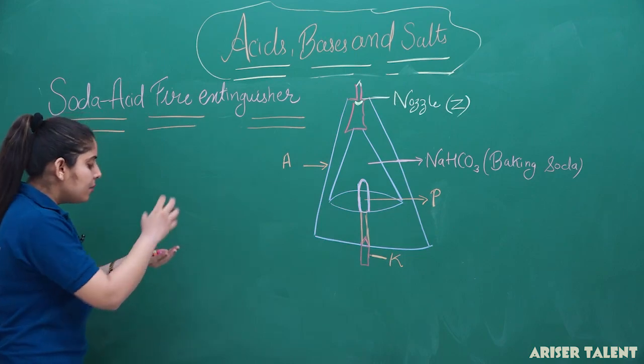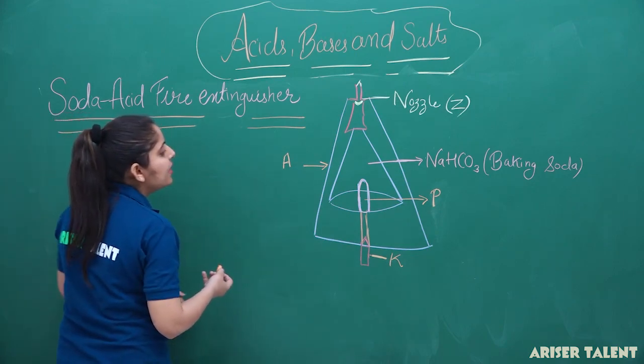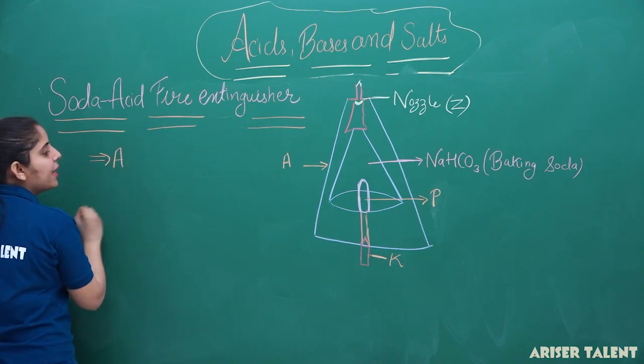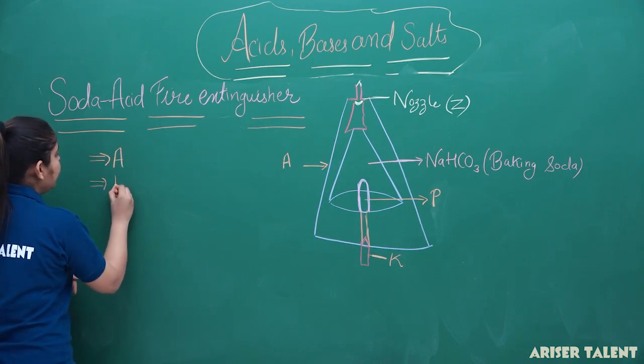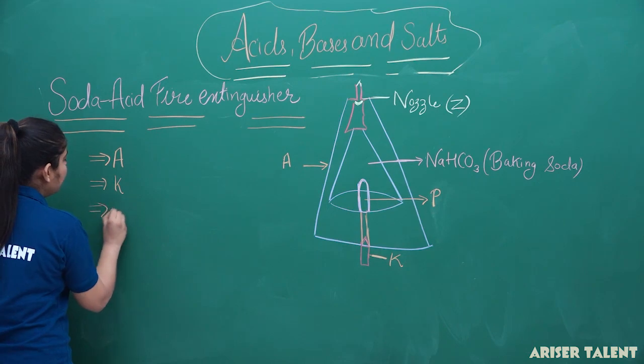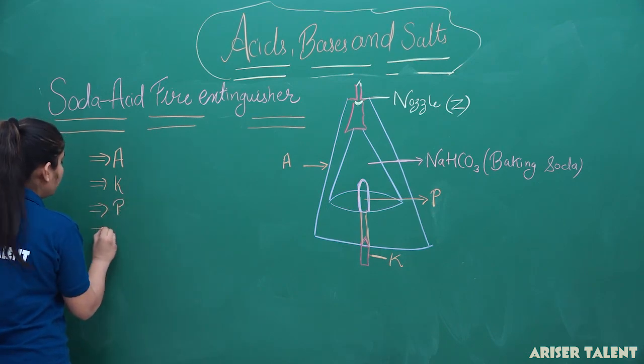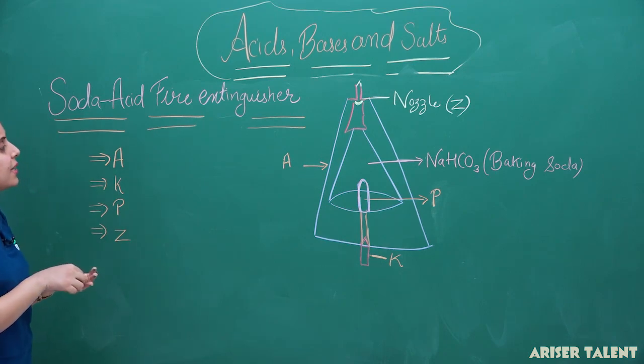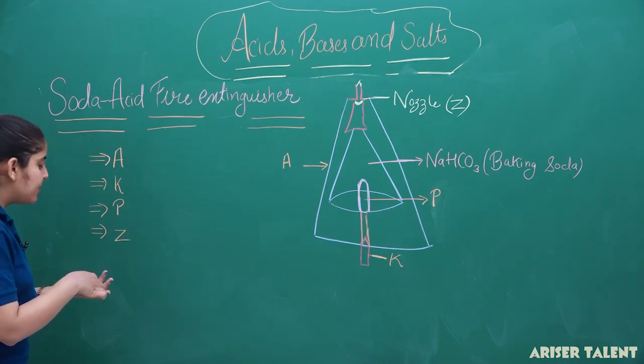Now what are the symbols that I have used? First symbol is A, second K, third one is P, and the fourth one is Z. These are the basic symbols that I have used in this soda acid fire extinguisher.